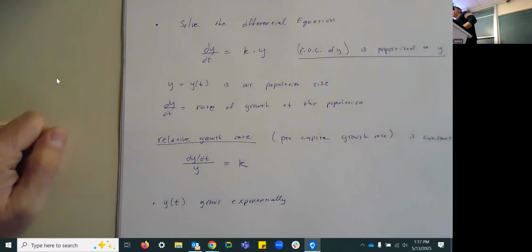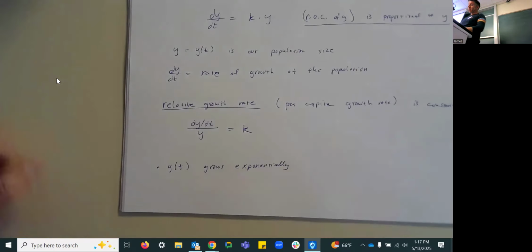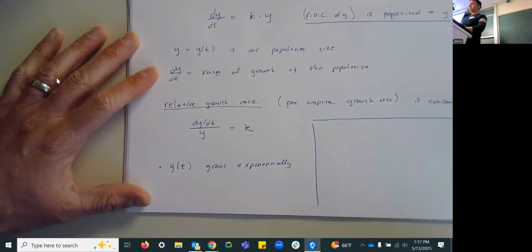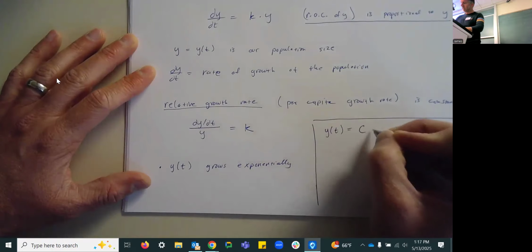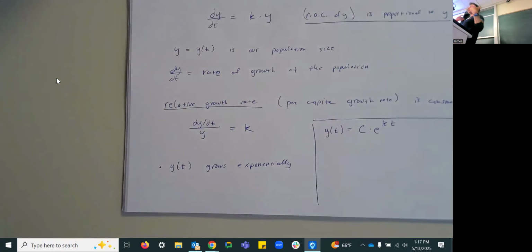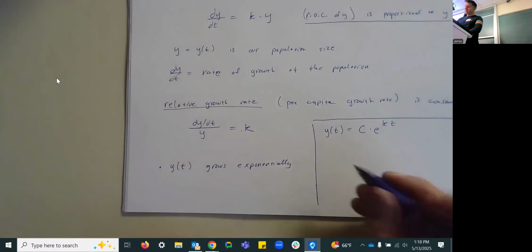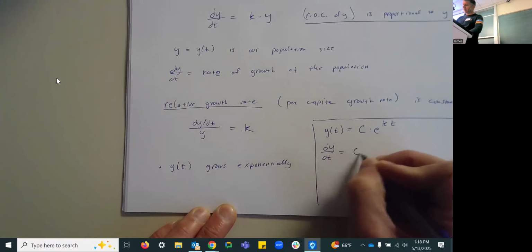So how does this end up being exponential growth? Well, check it out. If you were to say that the function for your population was something like y of t equal to c times e to the kt, where c is a constant and k is a constant, the same k as over here. If we took the derivative of both sides, dy/dt, the constant hangs out.